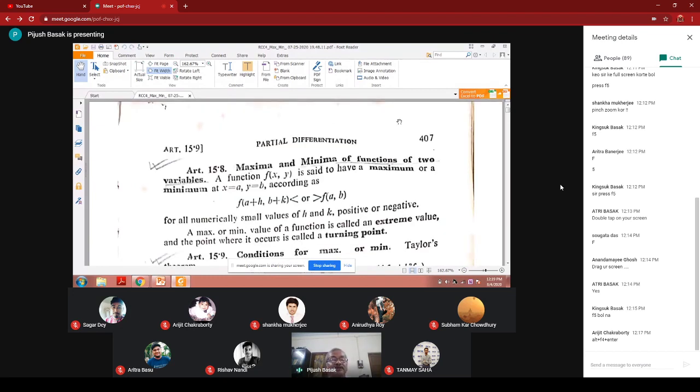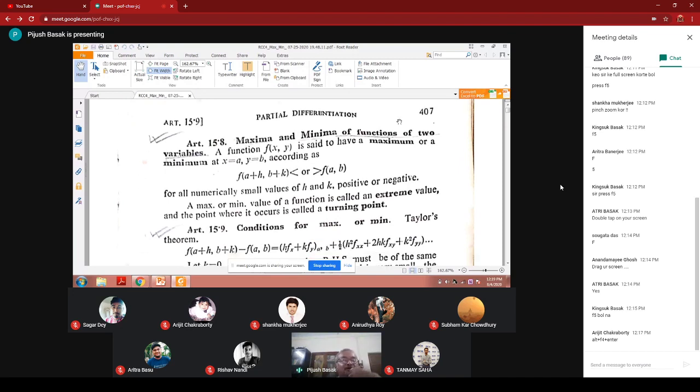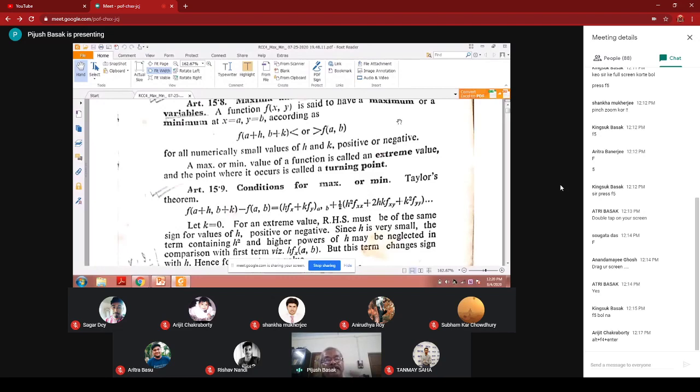Maximum minimum of the function. This is the mathematical part. Maximum minimum of a function of two variables. A function f(x, y) is said to have a maximum or minimum at x is equal to a, y is equal to b, according as f of a plus h, b plus k is less than or greater than f of a, b. Then the maximum will come if you make some shift.